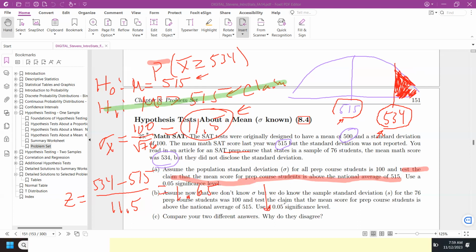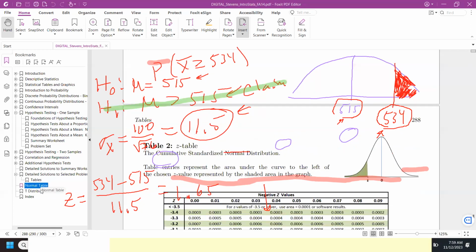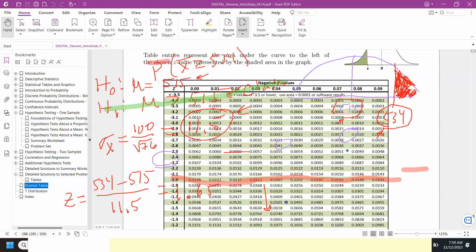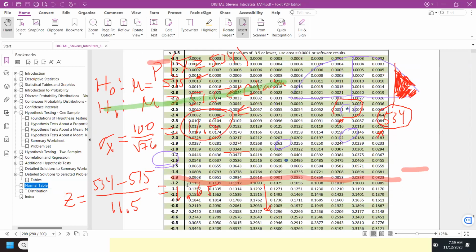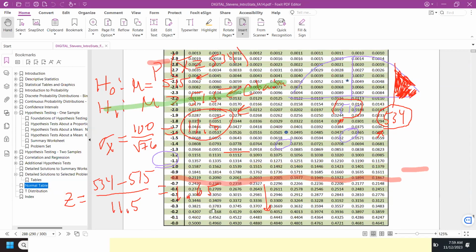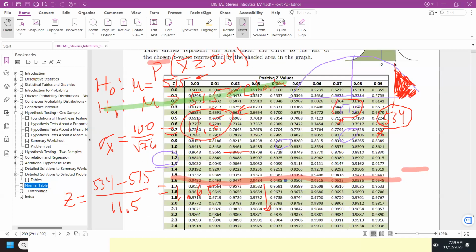Let's just do that. Let's see, what page is this? This is page 151 or 153. Let me get a pointer. Come down to the normal table, and I'm going to look for 1.65.